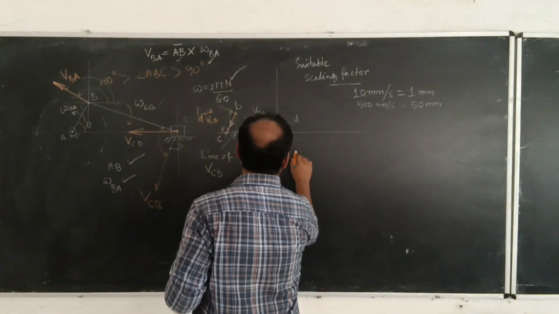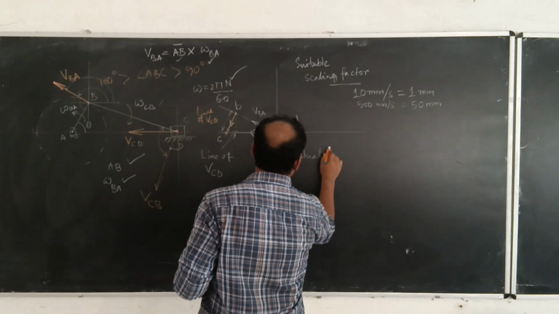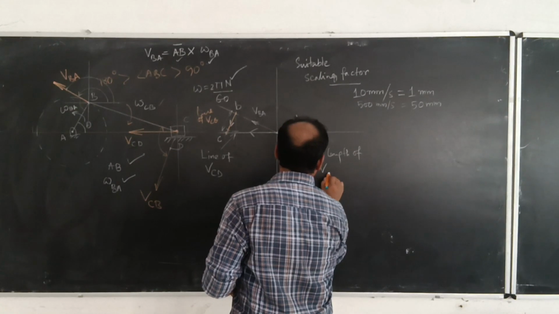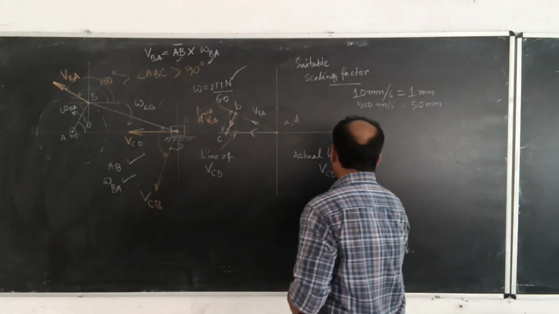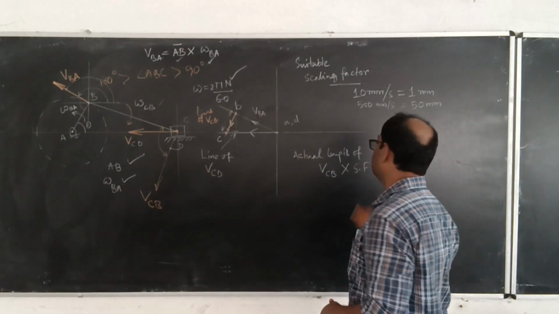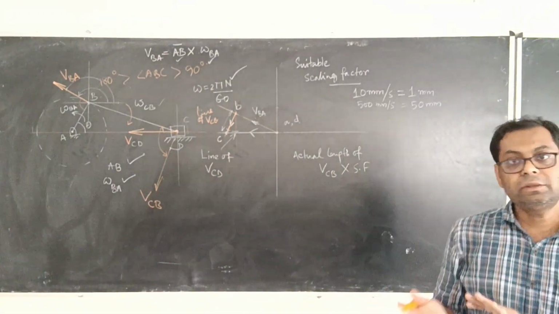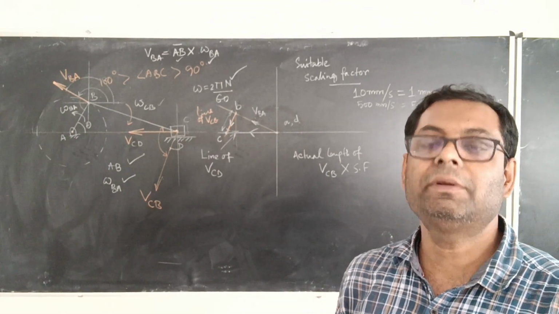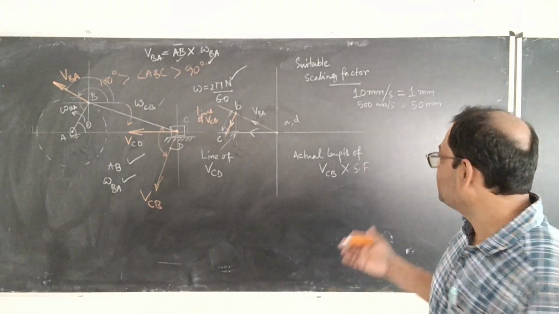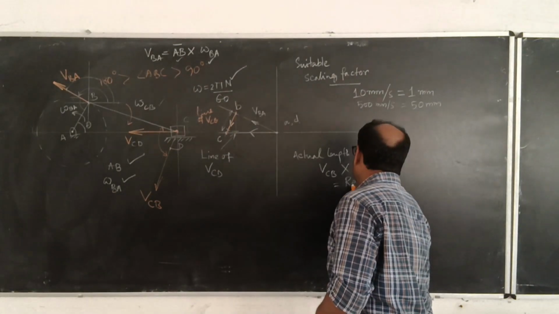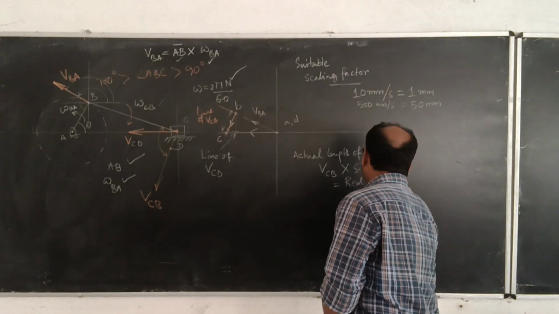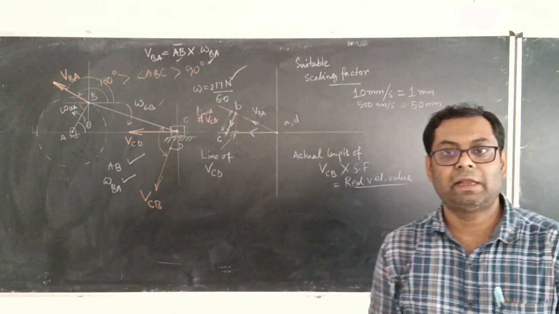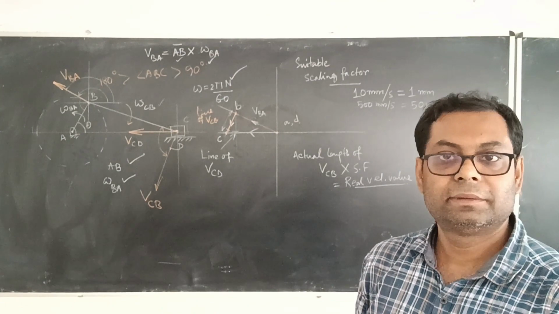Get the actual length of VCB and multiply it with the scaling factor. Length of VCB and multiply it with the scaling factor. So what are you going to get? You are going to get the real velocity value, or actual velocity value. Okay.